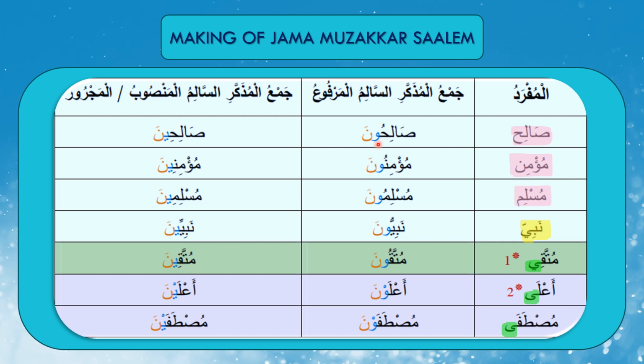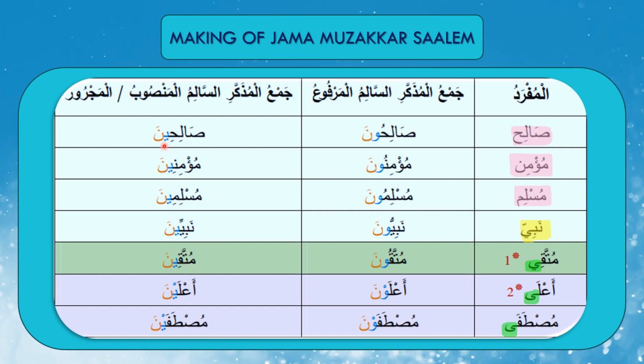Waw goes with dhamma, alif goes with fatha, ya goes with kasra. So when waw comes, you will see the previous letter having a single dhamma. The tanween dhamma has been removed, and since waw has come, it will have only a single dhamma on the previous letter.